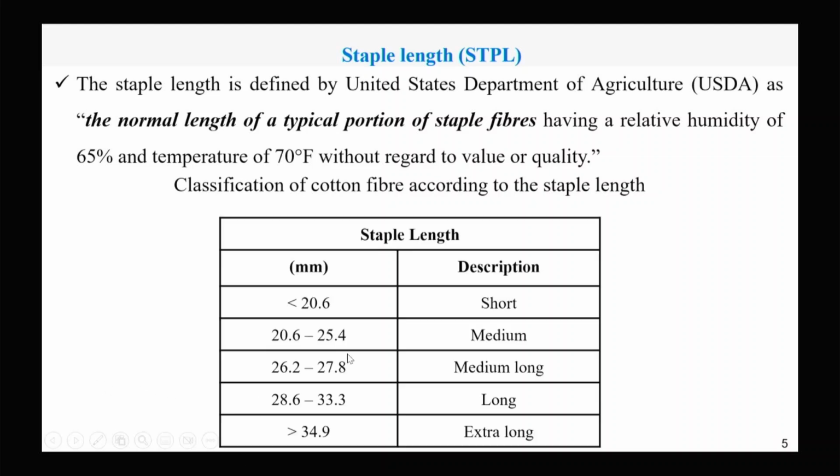So based on the staple length, cotton can be classified as per USDA. Short fiber is less than 20.6 millimeter, like this, and 34.9 and more is extra long fiber. So this is a broad classification.